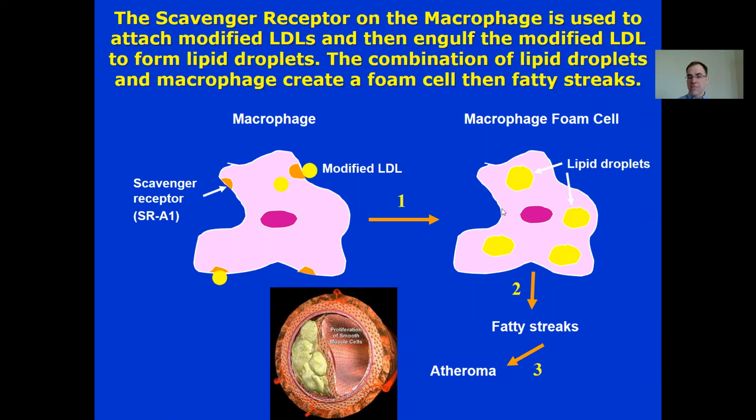As it accumulates more and more modified LDL, it'll become a fatty streak. Think of a fatty streak as if you were to put some butter over a piece of bread; that's similar to what's happening in the coronary artery intima. Then over time, if left untreated, it becomes an atheroma, which is just the buildup of plaque.